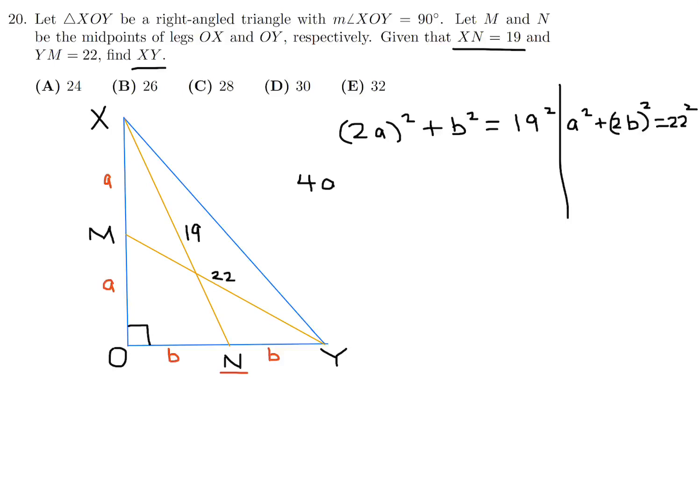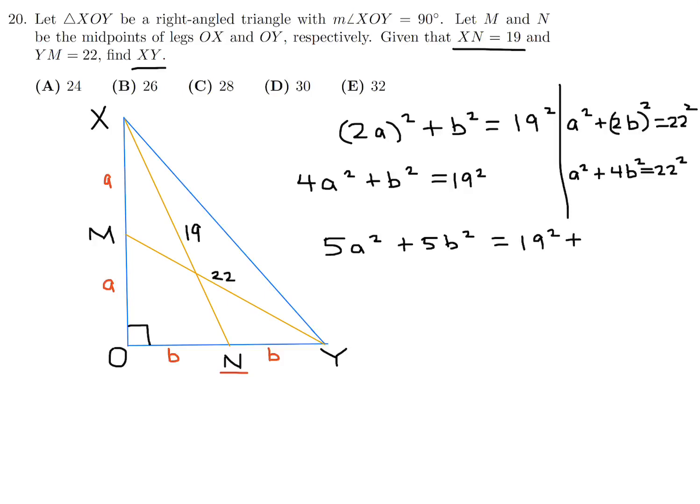So this becomes 4a squared plus b squared is equal to 19 squared. And this one is a squared plus 4b squared is equal to 22 squared. And then I'll just add them. So that'll give me 5a squared plus 5b squared is 19 squared plus 22 squared, like that.